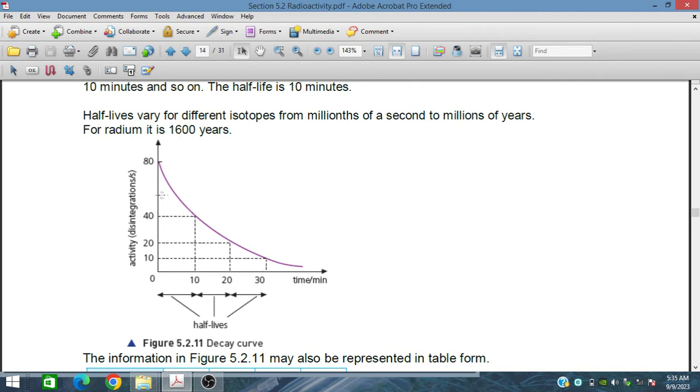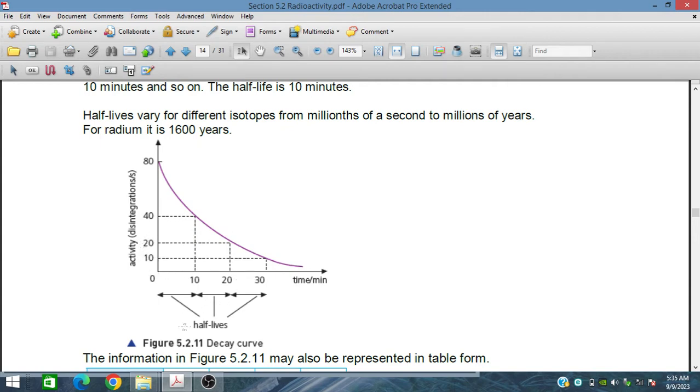So after 10 minutes, from 80 to 40, the disintegration has decreased to half. From 40 to 20, it again decreases to half. From 20 to 10, it is again half.